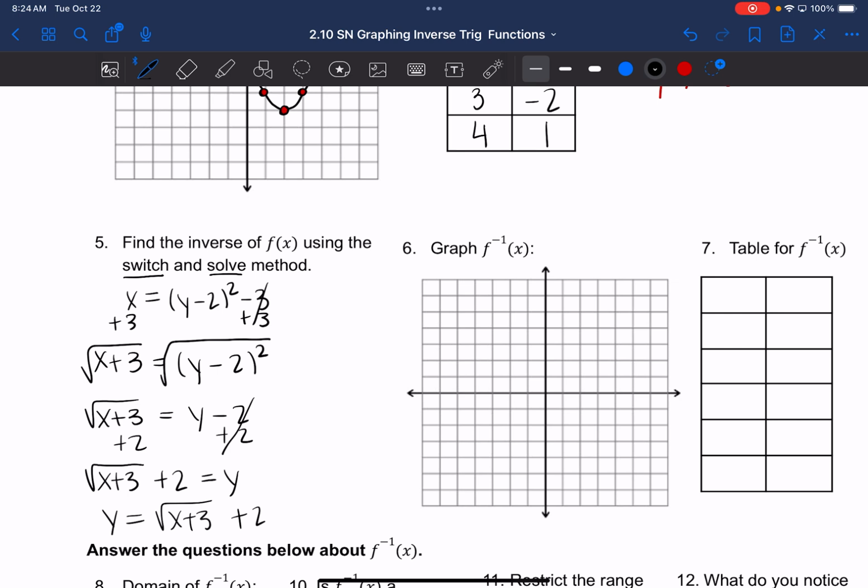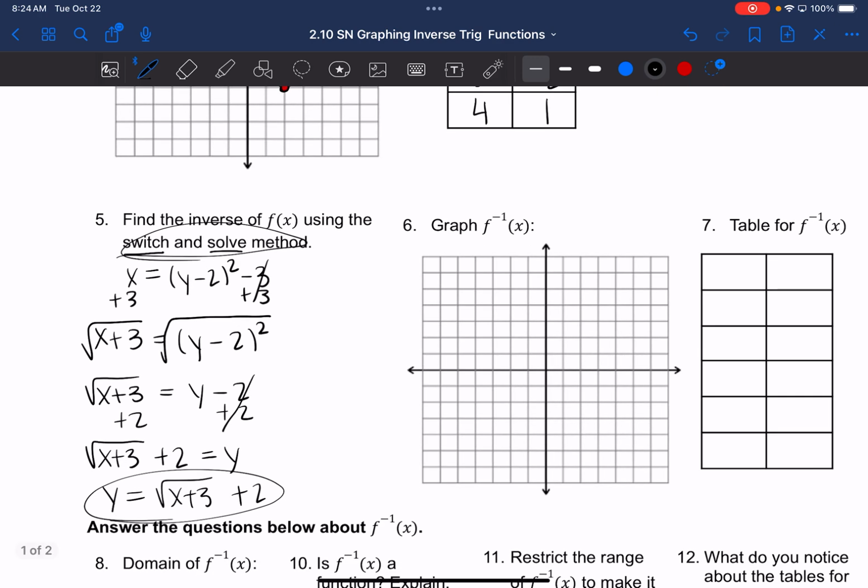Let's say we didn't remember how your inverse reflects your graph. Maybe we don't remember that at all. Then we'd want to do something with either the equation we came up with or this switch and solve method that they told us about, right? Okay, so if I were to just pick some values, then I could plug those numbers in here.